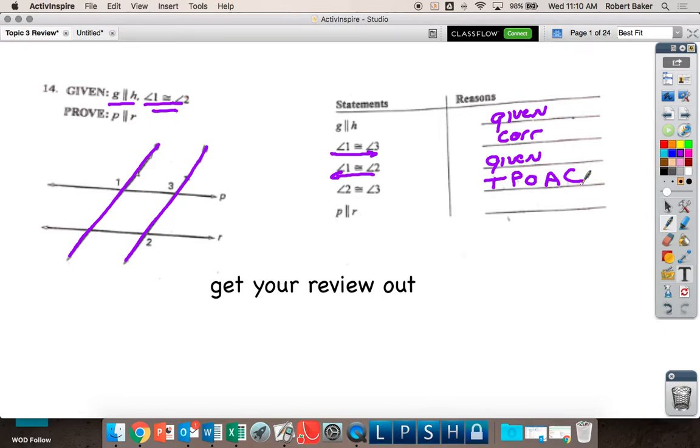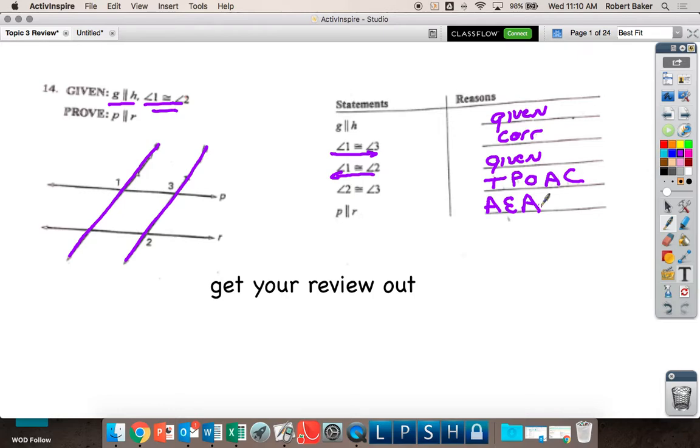Okay, so why are P and R parallel? Alternate exterior angles. Now this one goes backwards.